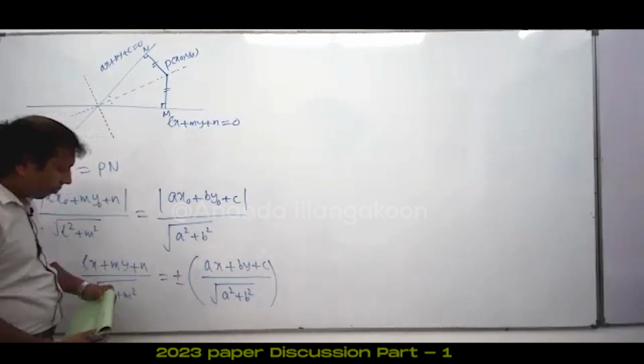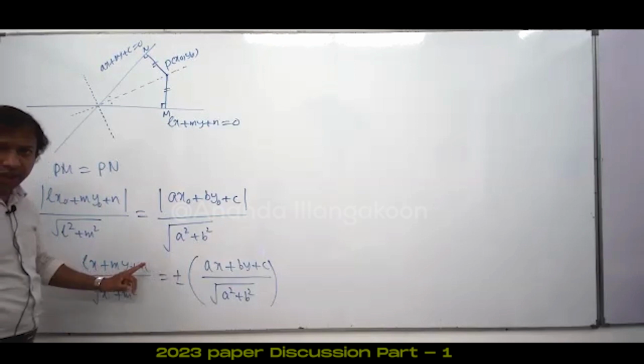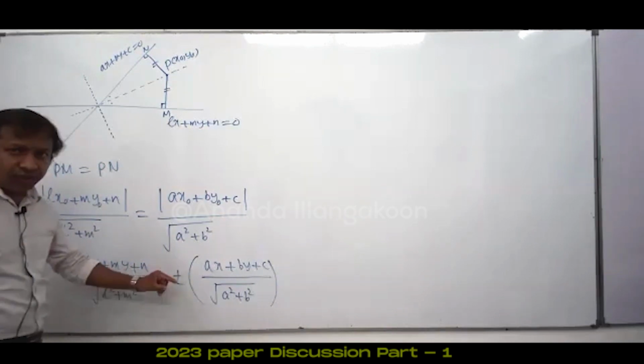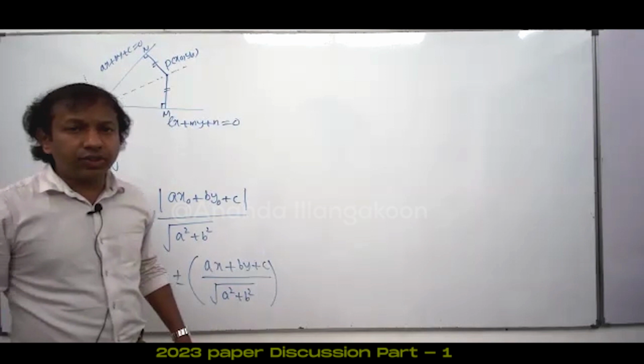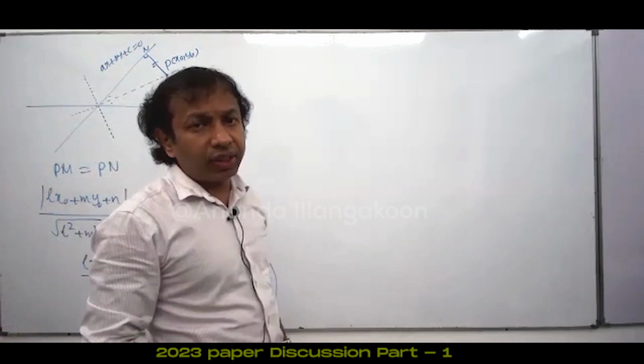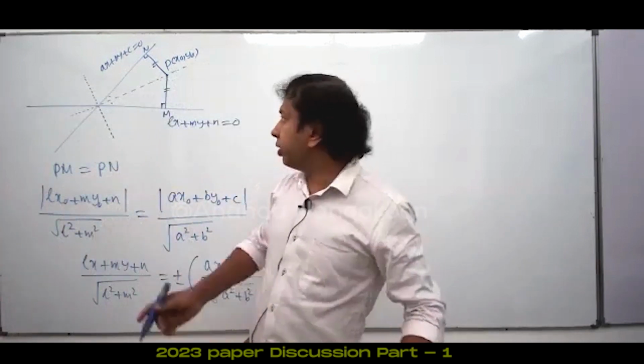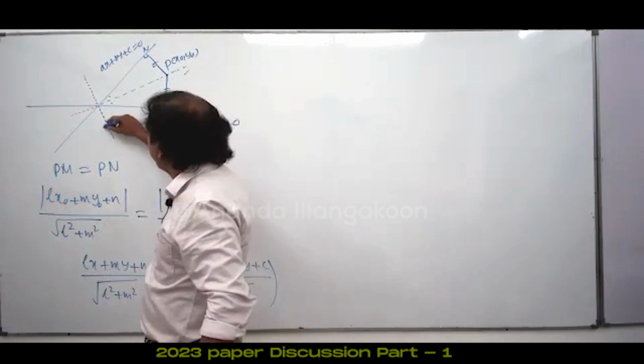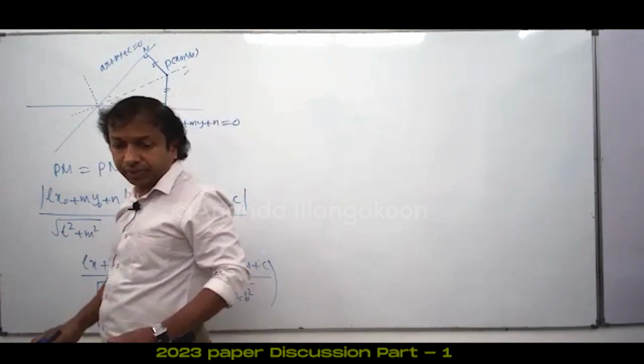Okay. Then by taking the plus sign and simplifying this, we get one equation. Minus sign and simplify, we get the other equation. That is how we take the two equations of the bisectors between these two lines. Right. That is okay.